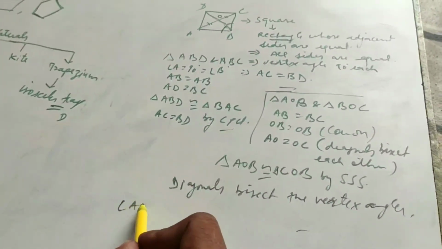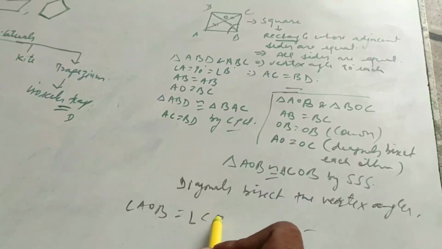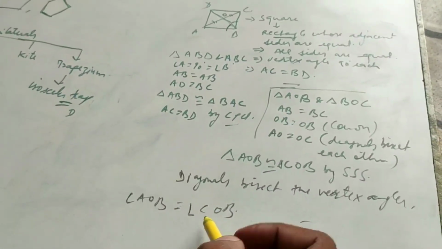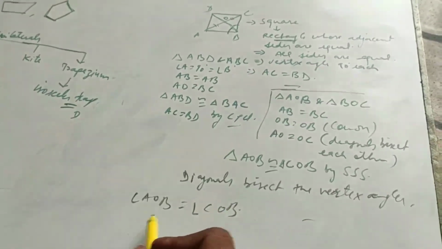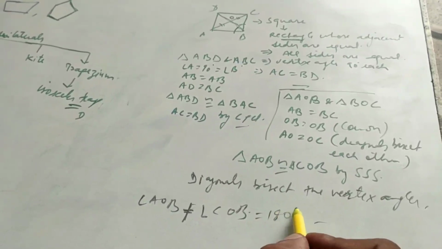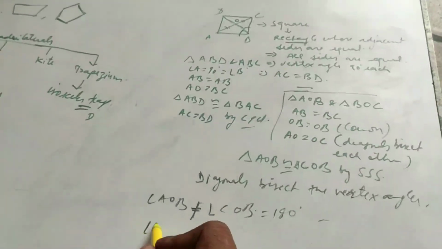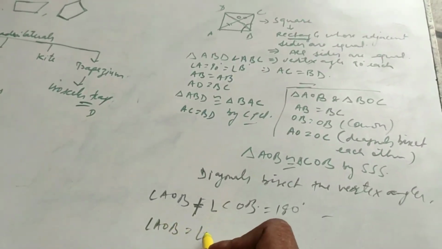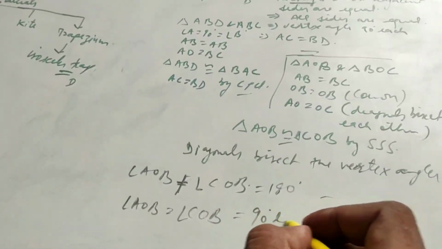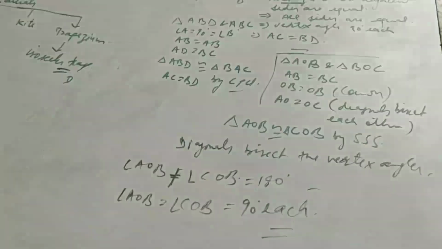Also angle AOB is equal to angle COB, and both these angles are making a linear pair. So AOB plus COB should be 180 degrees, and both the angles are the same. So angle AOB is equal to angle COB, which must be equal to 90 degrees each. How?